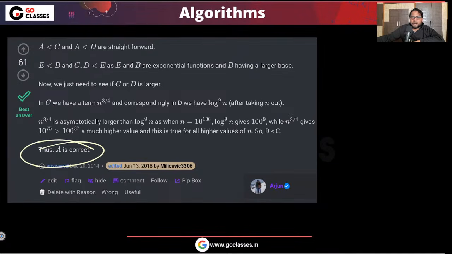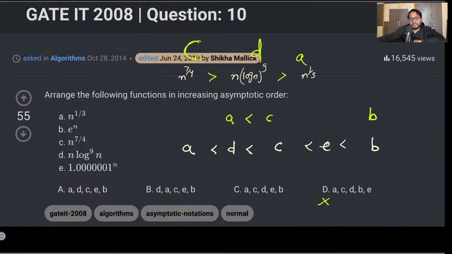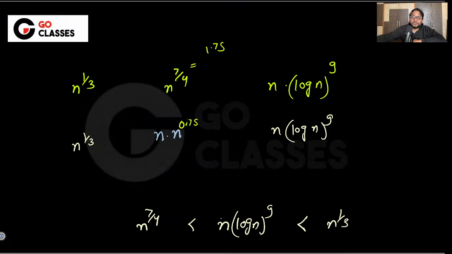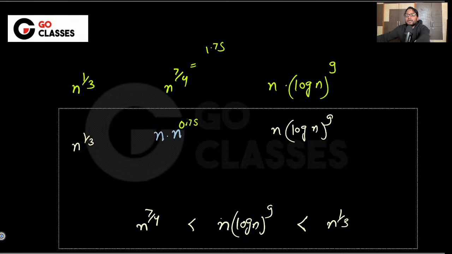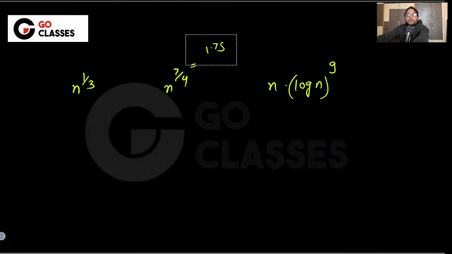Okay. I hope you understood. The interesting question, I like this, right? Here multiple concepts are involved. So what are the multiple concepts I'm talking about? The first concept is that if you have n's power something which is a greater power, then you can definitely arrange like this.